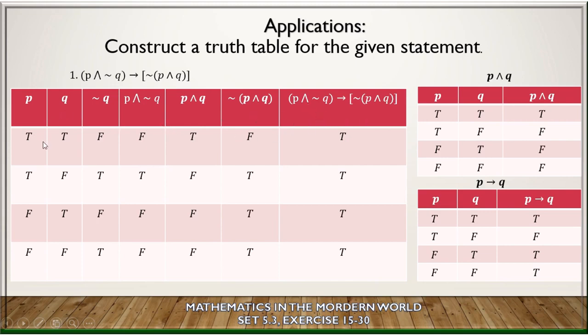For P, we have true, true, false, false. For Q, we have true, false, true, false. And not Q will be false, true, false, true.